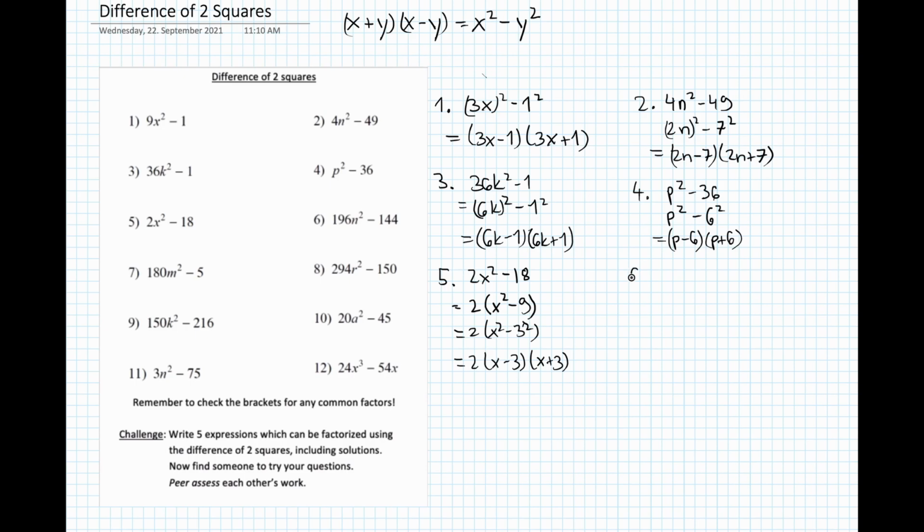Alright, let's do number 6. 196n squared minus 144. Now this one is a little bit harder because you have to know your perfect squares. So if you look at 196, you might think, well, how can I calculate this number?